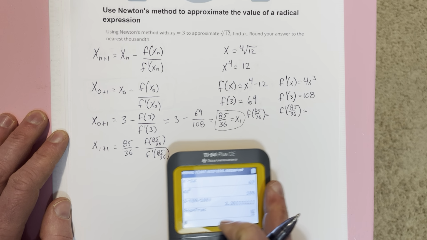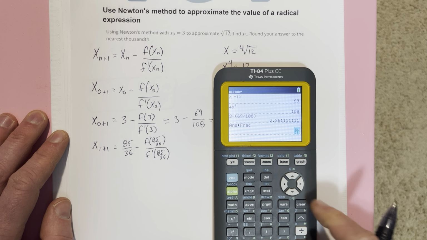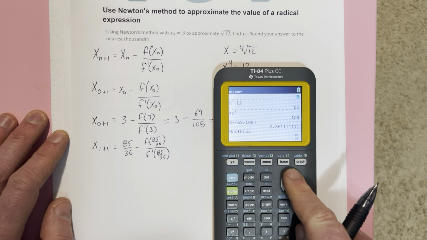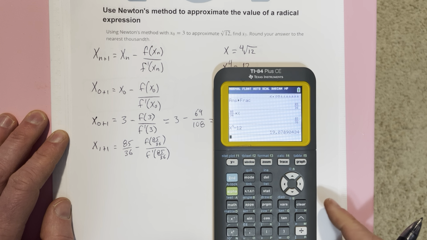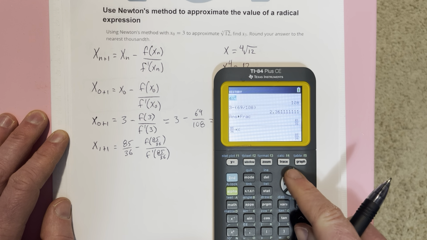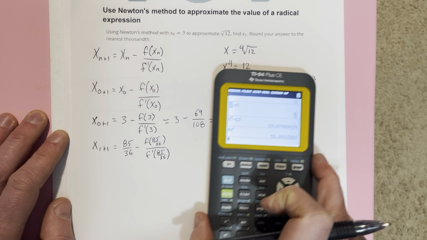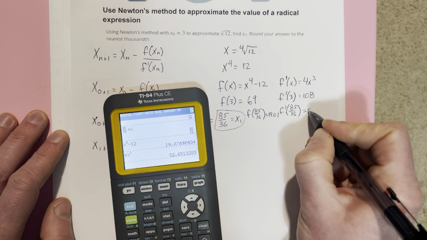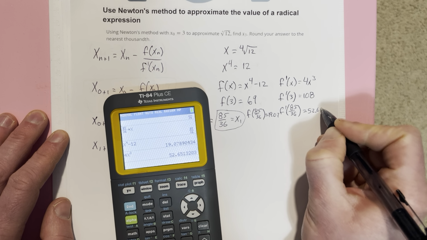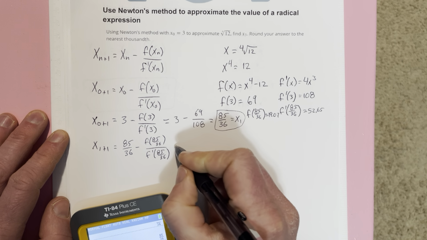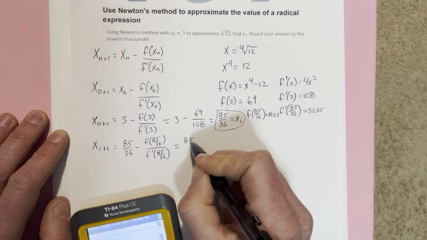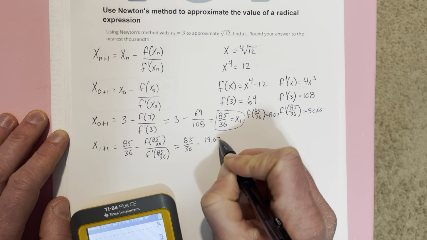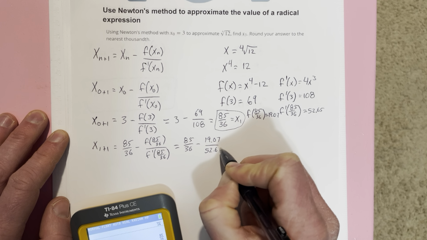So I'm going to use my calculator to do all this work. So I'm going to grab 85 over 36, store it as x, grab the original function, and then do the same thing with the derivative. And I get 19.07. And I get 52.65. So this is going to be 85 over 36 minus 19.07 over 52.65.